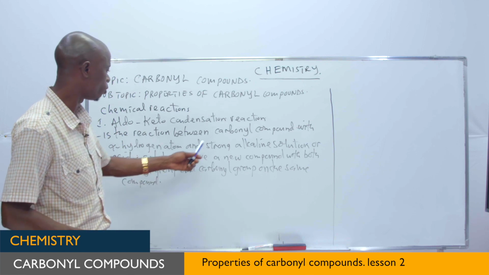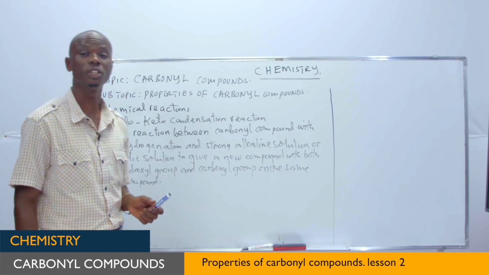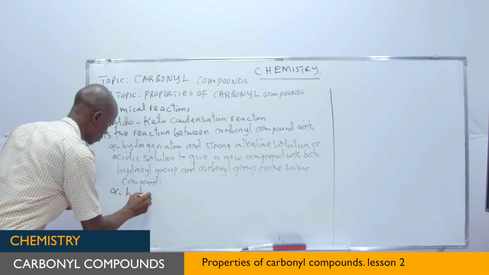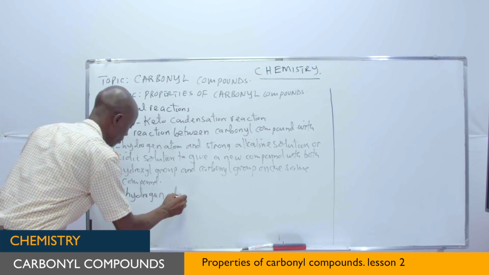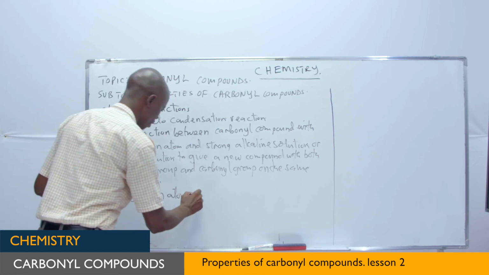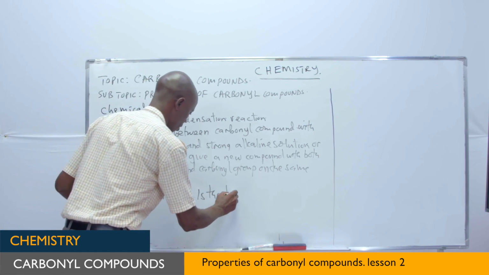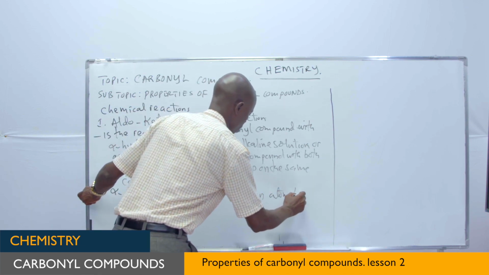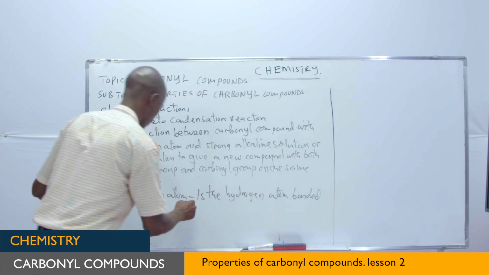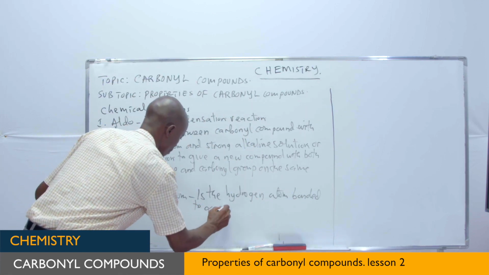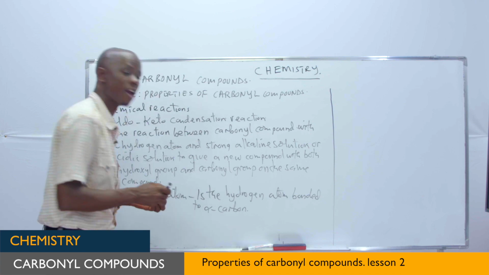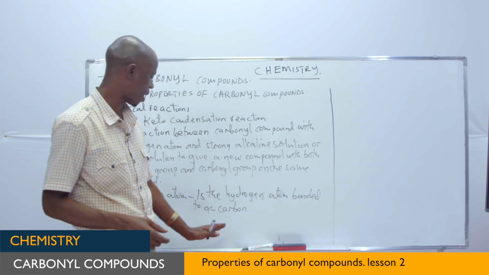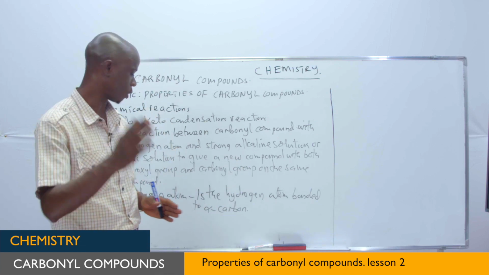So here we have also to understand what is all about alpha hydrogen atom. Now when we talk about alpha hydrogen atom, alpha hydrogen atom is the hydrogen atom bonded to alpha carbon.